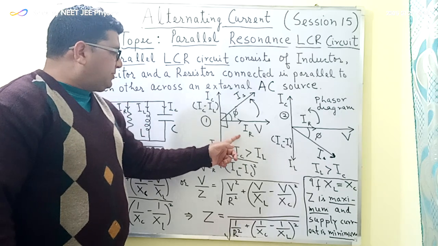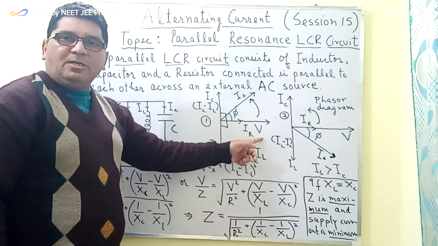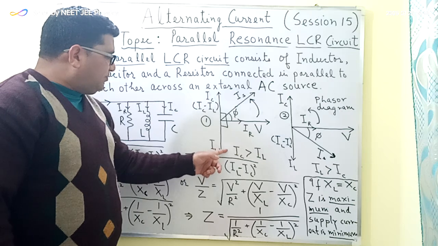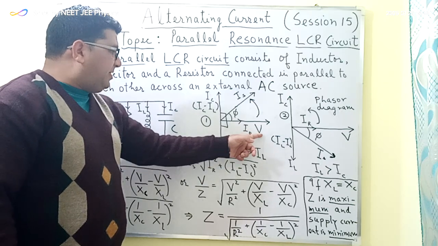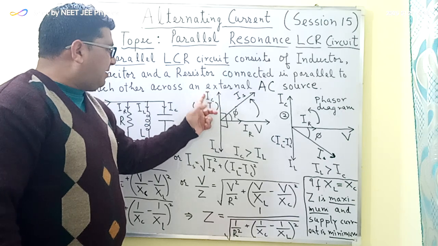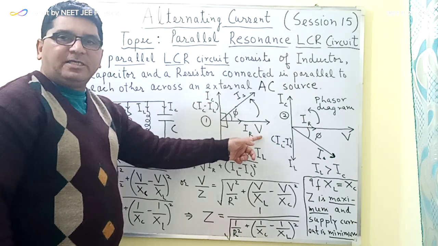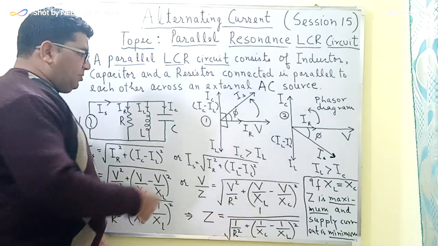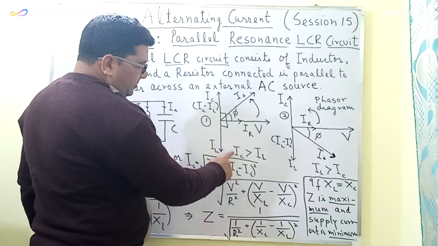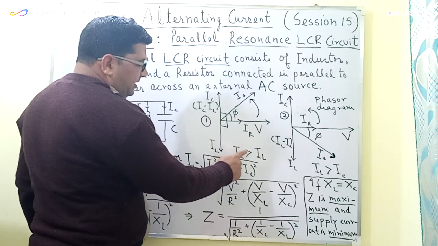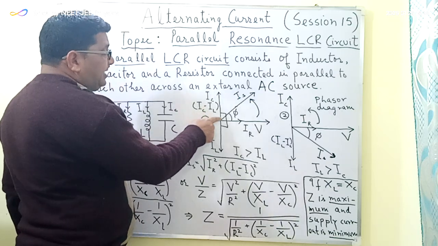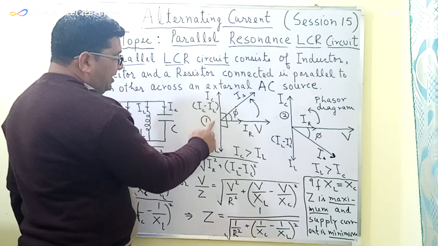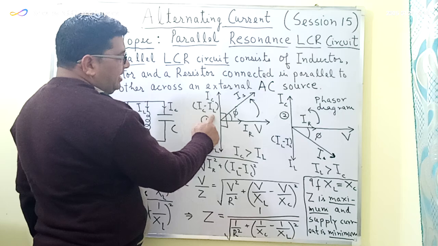Now the current passing through the resistor is in phase with the supply voltage. The current passing through the inductor is lagging the supply voltage by 90 degrees, and the current passing through the capacitor is leading the supply voltage by 90 degrees. So अगर the current through the capacitor is more than the current through the inductor, then the net current will be in the upward direction, and this will be equal to IC minus IL.